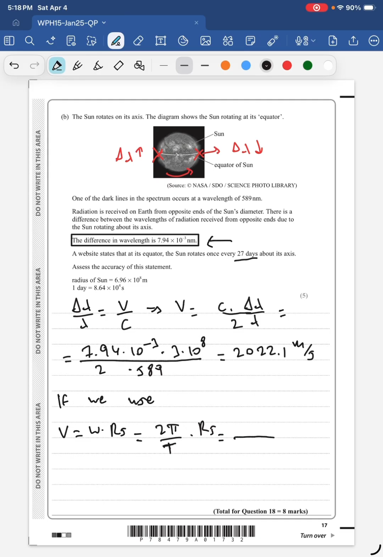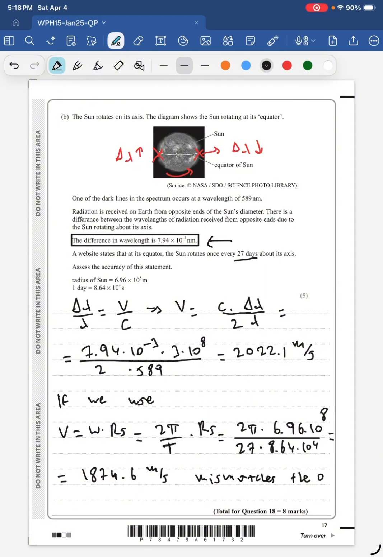So this is equal to 2 pi times the radius of the sun, which is 6.96 times 10 to the 8 over the period, which is 27 days, times 8.64 times 10 to the 4 seconds for 1 day. This yields 1,874.6 meters per second. So there is a mismatch with the other calculation.